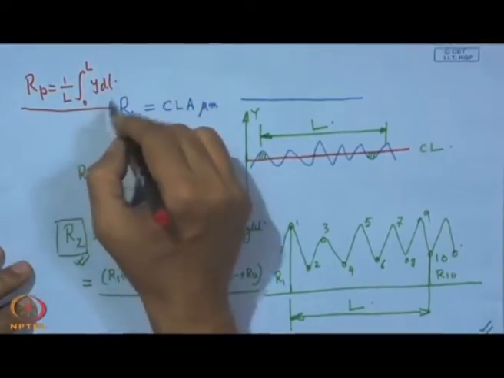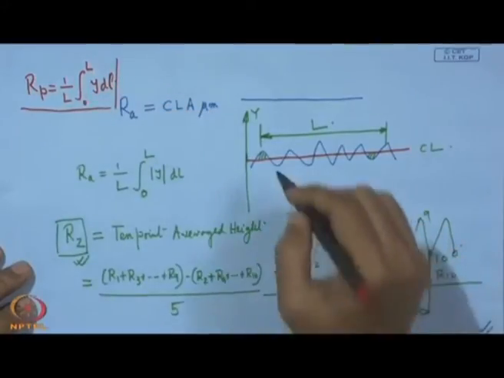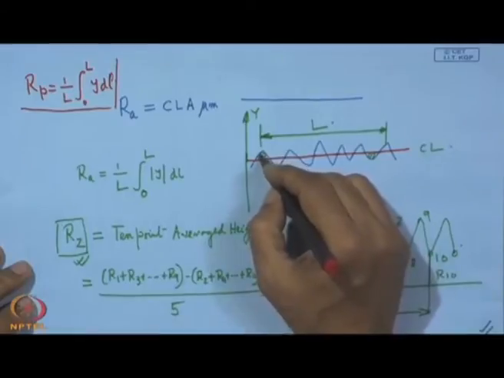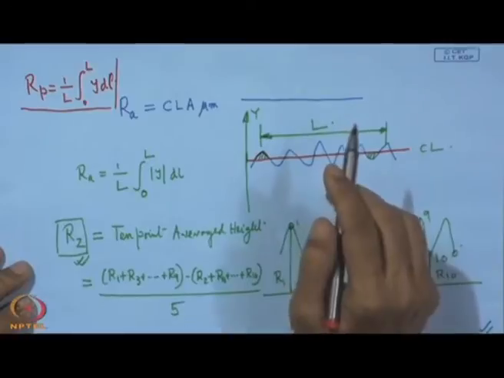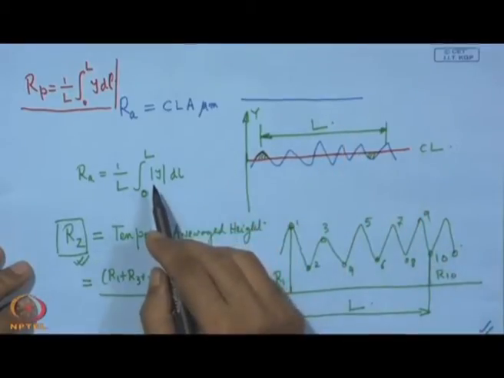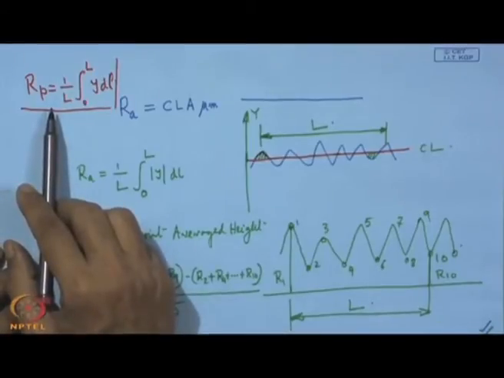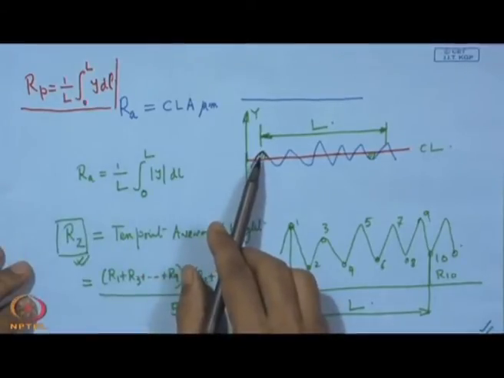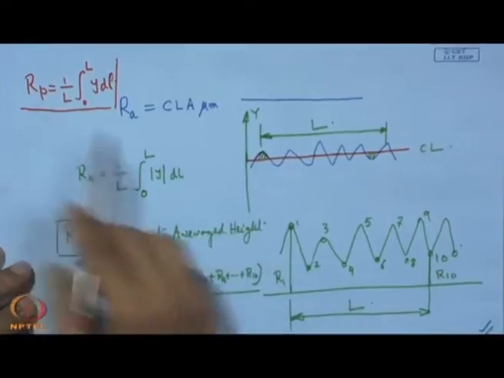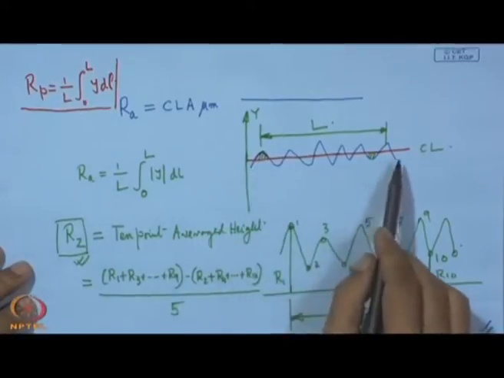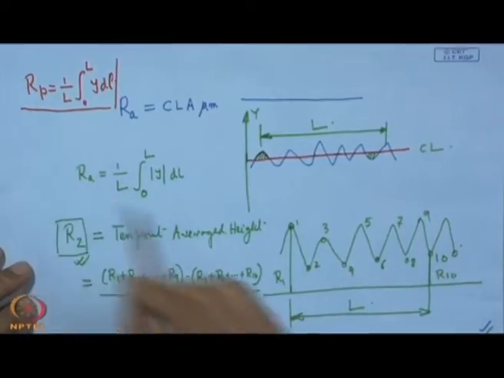That means, this is considering only the plus sign. Only the plus part is considered in this integration process, not just the magnitude. So, it is actually the average height of the points which are above the center line, the average height from the center line, and that is defined by this symbol R P.